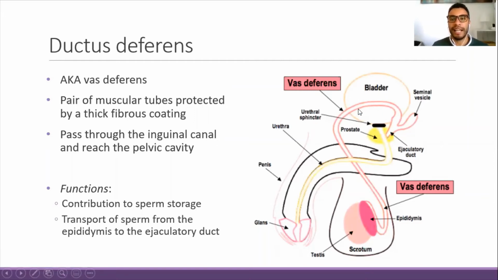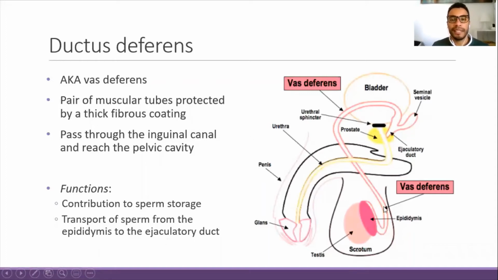So they run here laterally in both sides of the urinary bladder. Okay, so this is laterally, and then they go posteriorly here to the bladder. The main functions of the ductus deferens is that they contribute to sperm storage. They can also transport sperm from the epididymis to the ejaculatory duct.